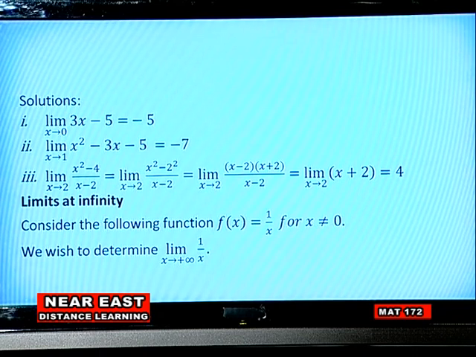Draw a table, put some values that are approaching 0 of x. Maybe 1.000? No, that is approaching 1. Find some values that are approaching 0, just like 0.999?